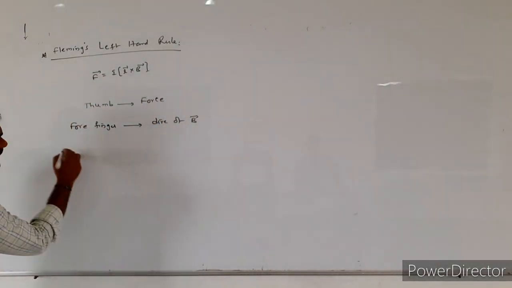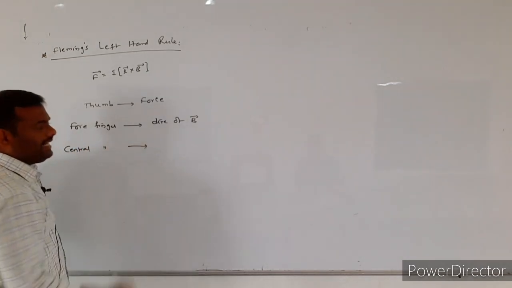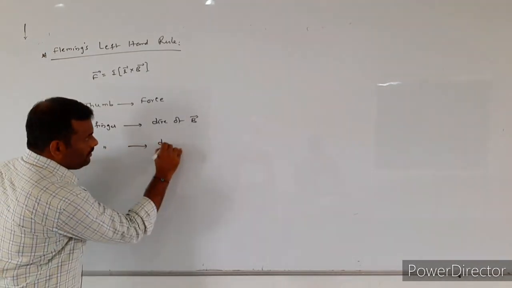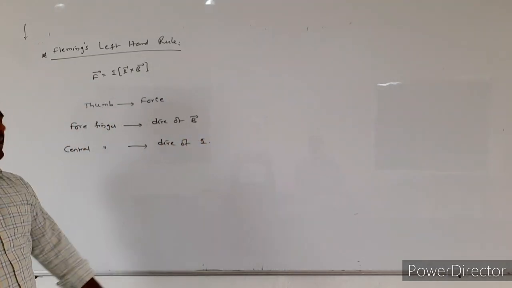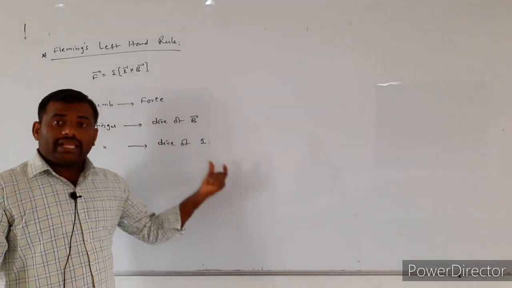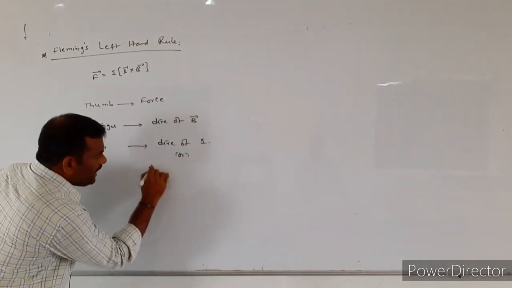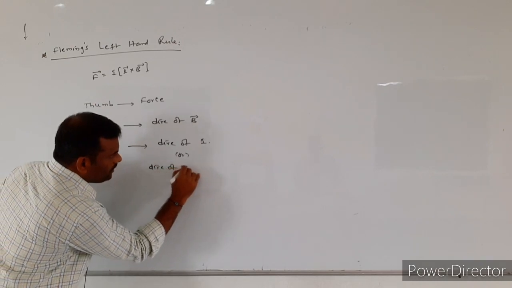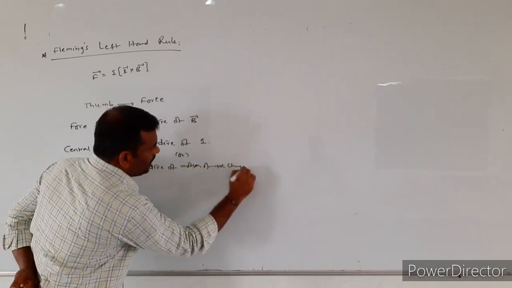And the central finger is indicating the direction of the current. The central finger is indicating what? Either the direction of the current or the direction of motion of positive charge.